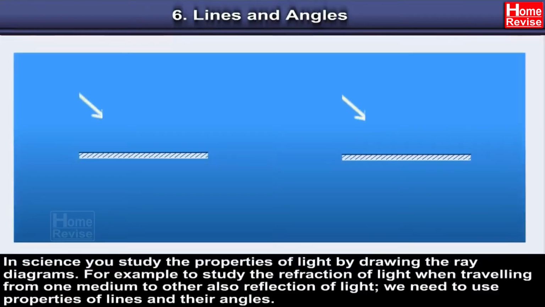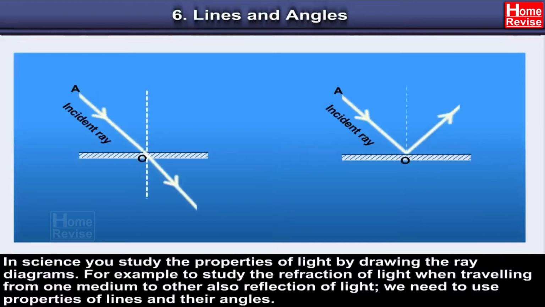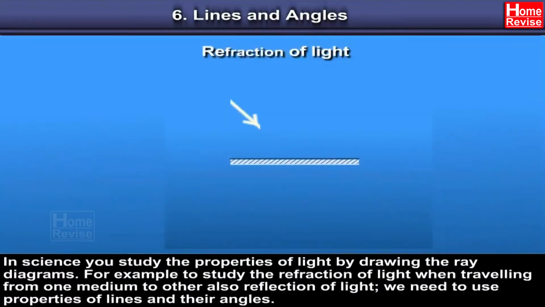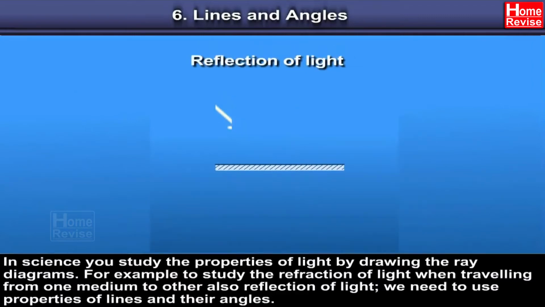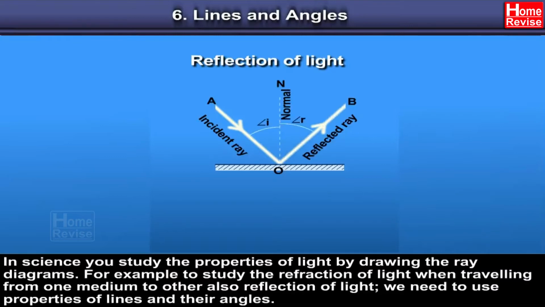In science, you study the properties of light by drawing ray diagrams. For example, to study the refraction of light when traveling from one medium to another, also reflection of light, we need to use properties of lines and their angles.